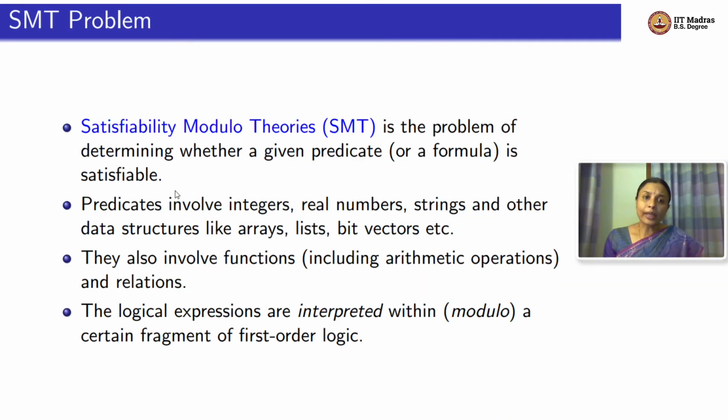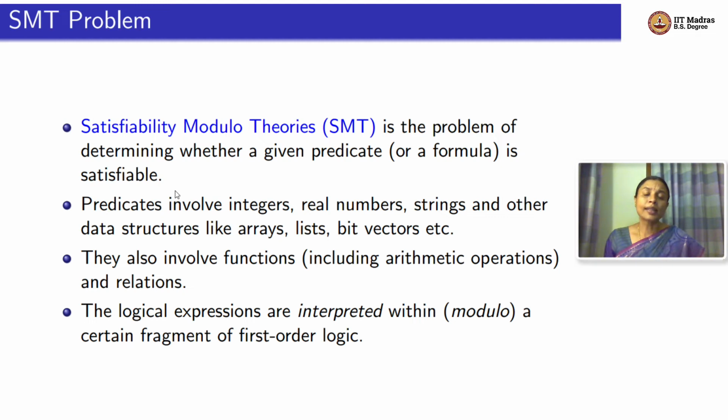If we work with predicate logic, then the corresponding problem of checking satisfiability is called the SMT problem. SMT is an abbreviation for satisfiability modulo theory. So it's the problem of determining whether a given predicate logic formula, that is, a given predicate which comes as the label of a decision statement, is satisfiable or not.